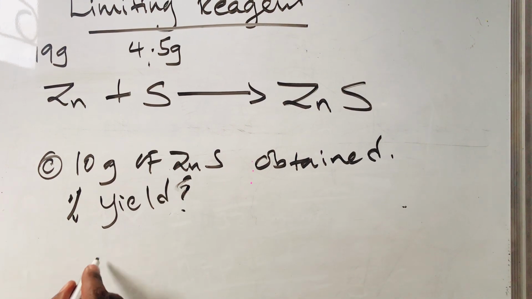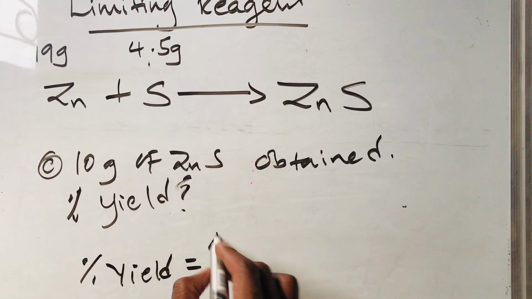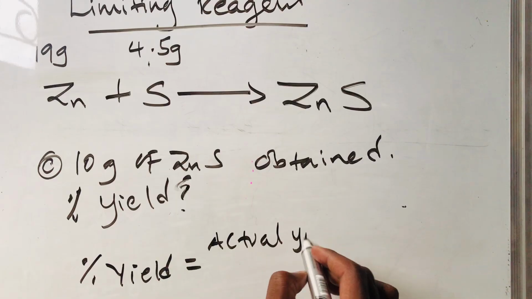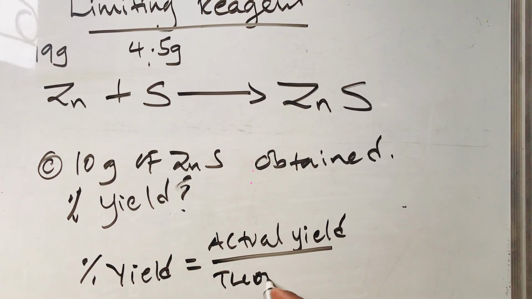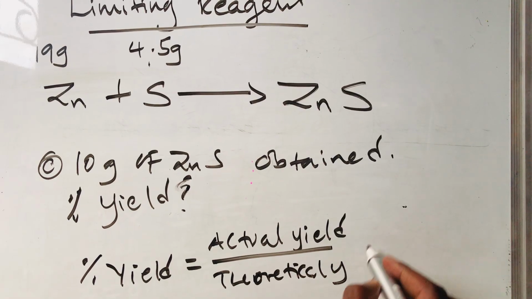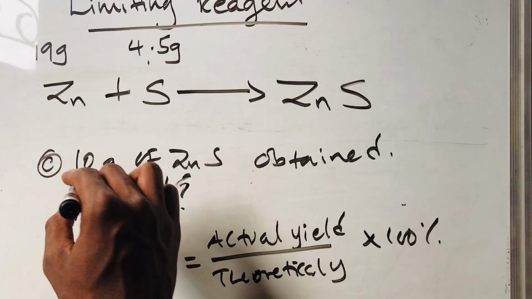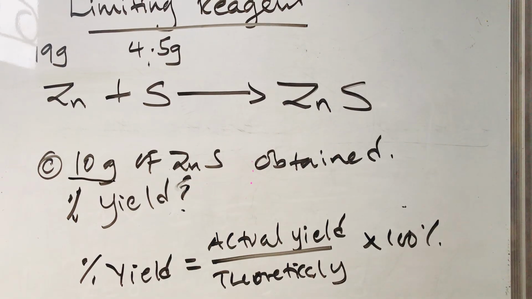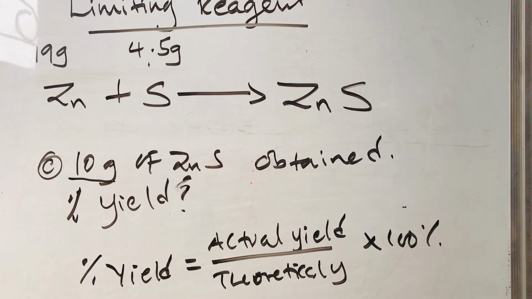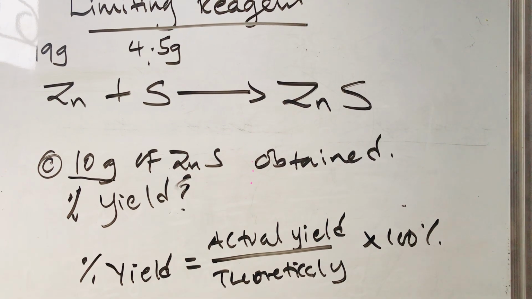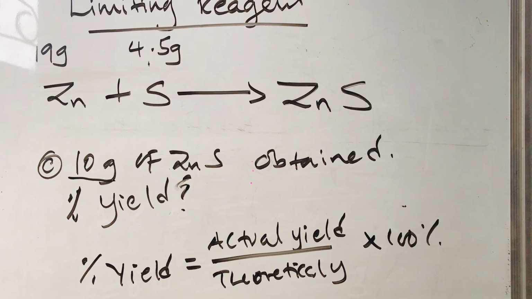So we say that the percentage yield is equal to the actual yield over the theoretical yield, times 100%. Now, because they've said 10 grams of zinc sulfide was obtained, this is the actual yield. What they've told us was collected is the actual amount collected.